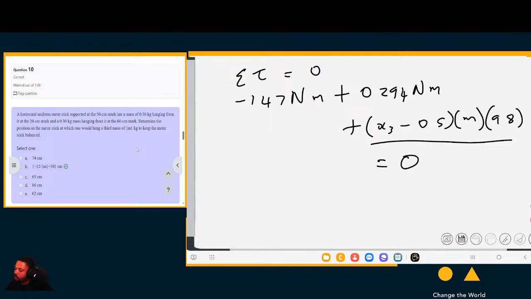We add the unknown torque, and then it will all be equal to 0. Now if you were to add all of that up, you can solve for x3.